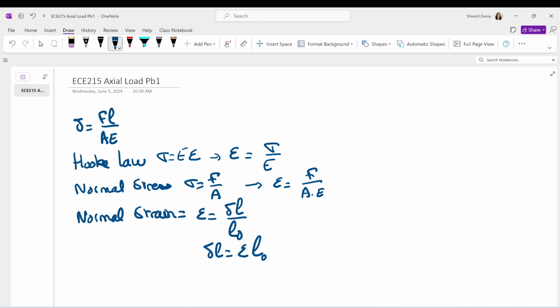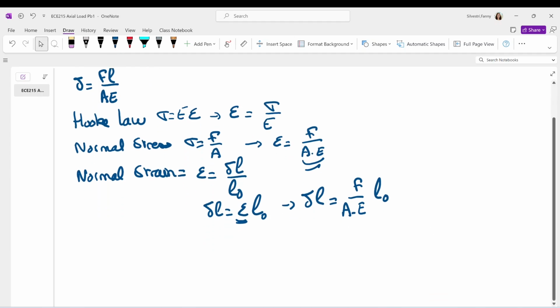If we plug this into delta L, we get delta L equals epsilon, which I will replace by this formula: F divided by A times E, times L naught. That's how we ended up with the general formula, delta equals F times L divided by A times E. Be careful with your units.